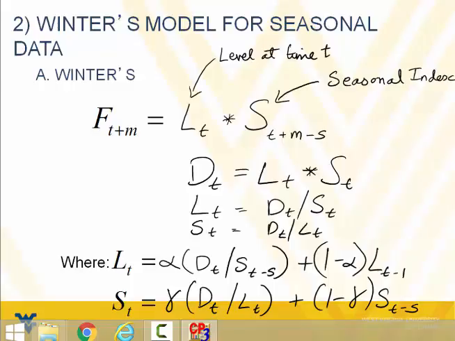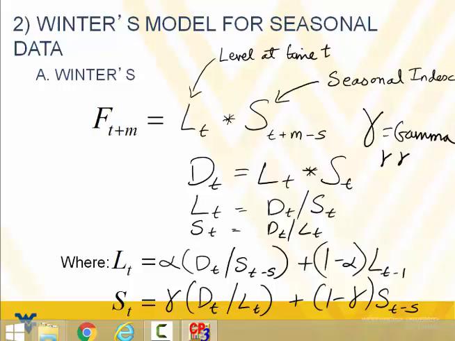Seasonality, that's still alpha there. For seasonality, I use this as the lowercase gamma. Okay. So I can't quite do this, or is it supposed to be like that?